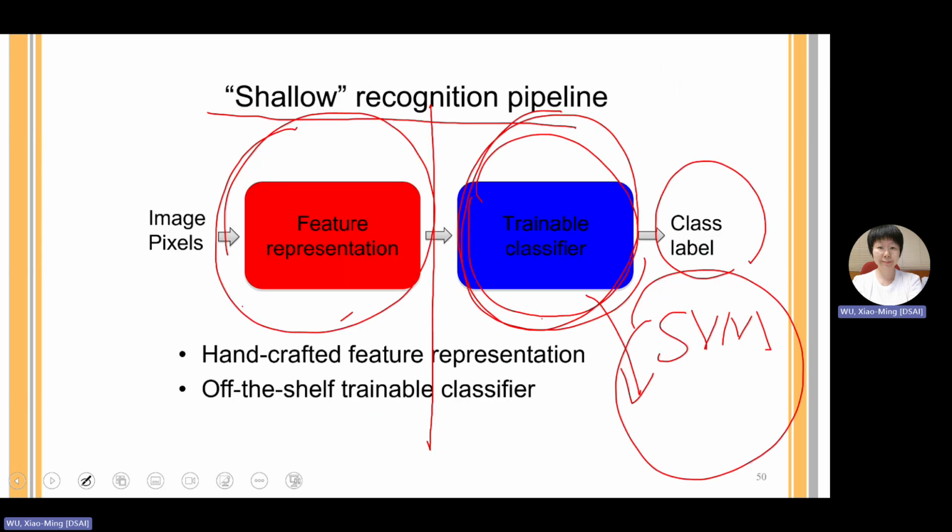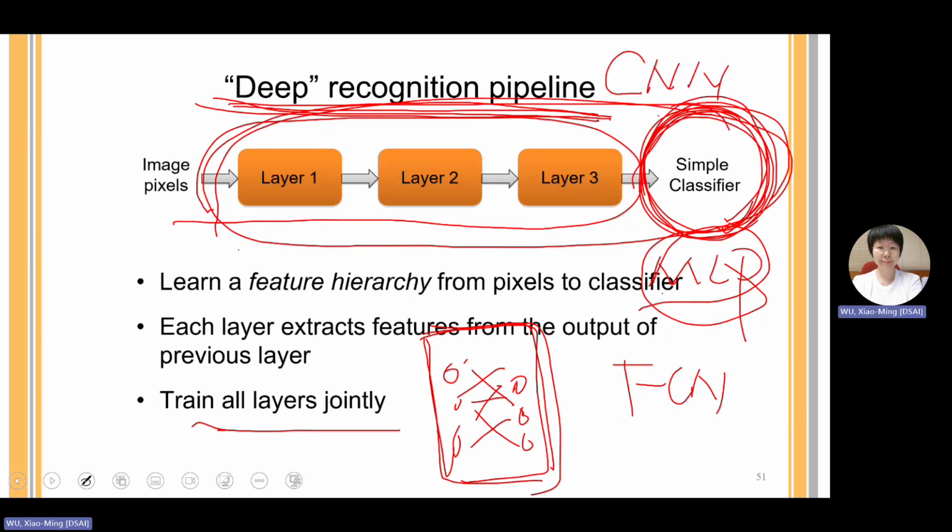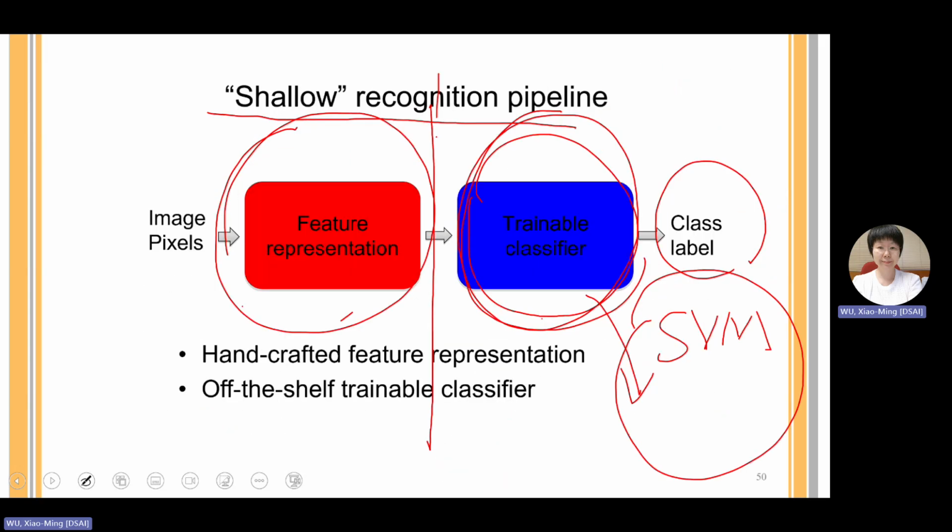In the deep recognition pipeline, the classifier is trained jointly with the feature extraction layers, whereas in the shallow recognition pipeline, the feature extraction stage is independent from the training of the classifier.